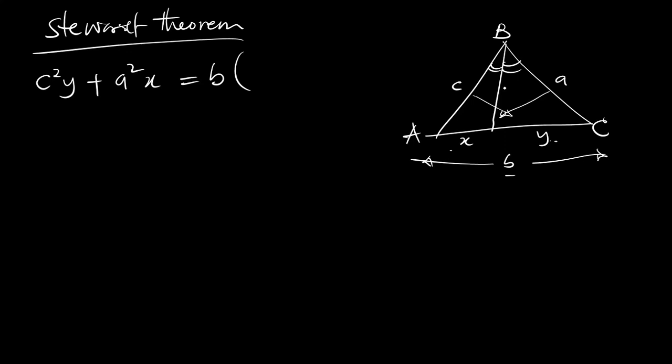Now you are looking for this. Let's say this is your Z. Now you say Z squared plus this times this, which is X times Y. So that is the Stewart's theorem.